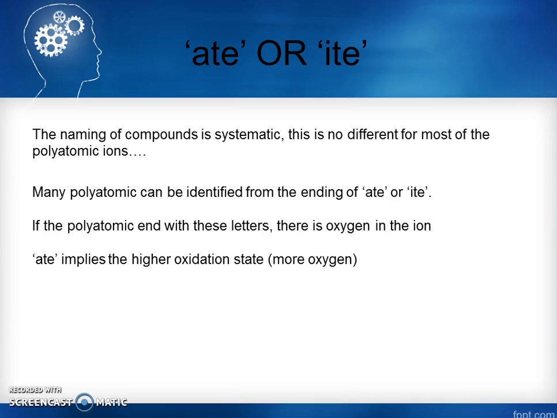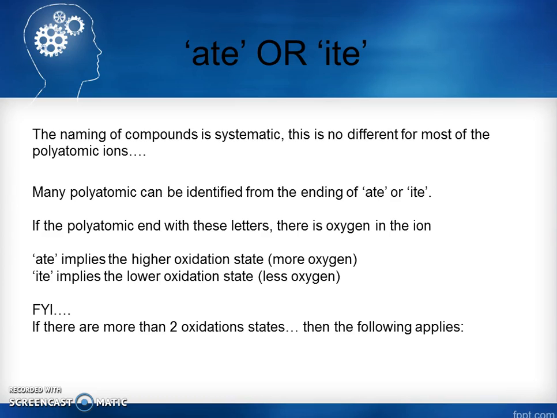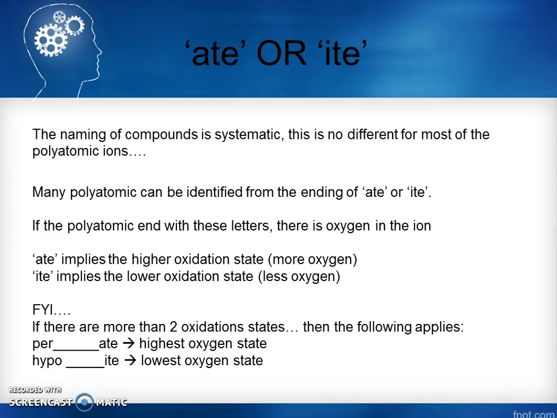The -ate implies the higher oxidation state, meaning more oxygen, and the -ite implies the lower oxidation state, less oxygen. If there are more than 2 oxidation states, then the following applies. Per-ate means the very highest oxygen state, or hypo-ite means the lowest oxygen state.